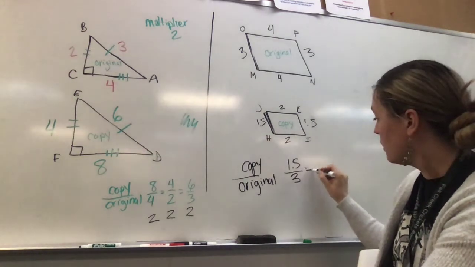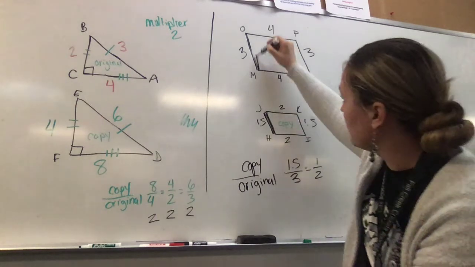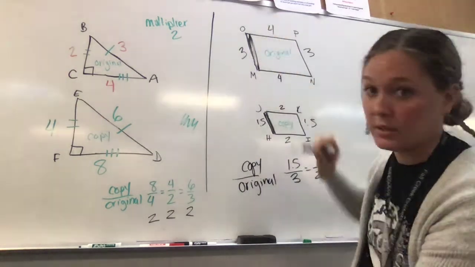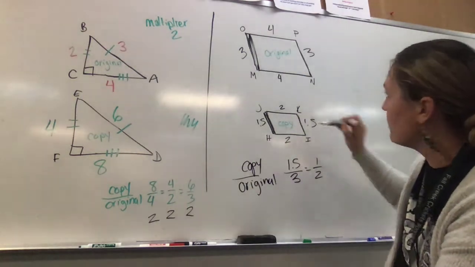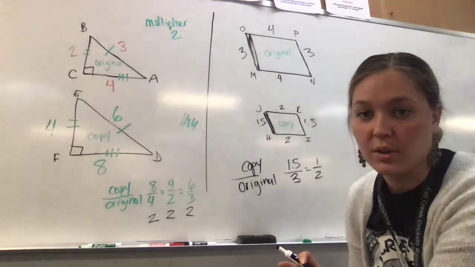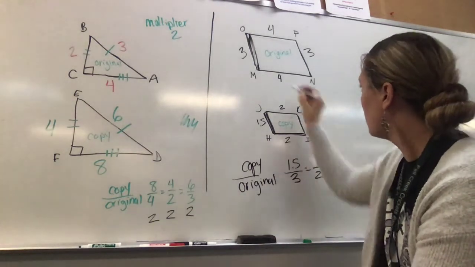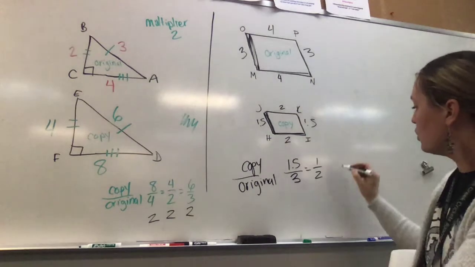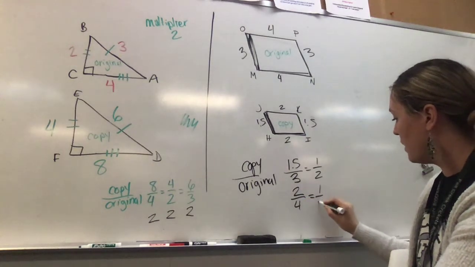So this is 1/2. So right now, the scale factor we believe is 1/2 based on those two side lengths. Now, these are the same, 3 and 1.5, so I'm not going to check them. I know that those also are related by a 1/2 scale factor. So I might check my bottoms here. My copy is 2, my original is 4, and that also equals 1/2.